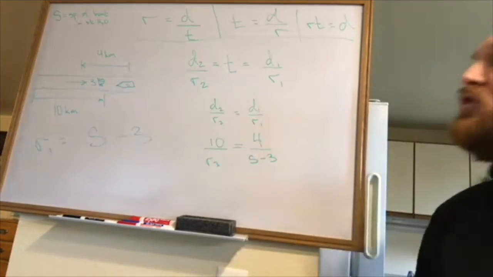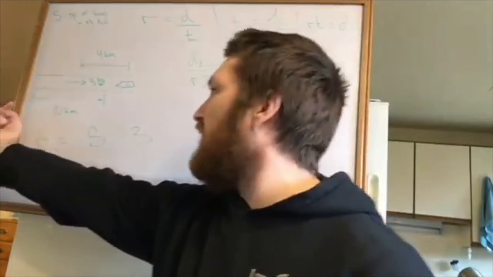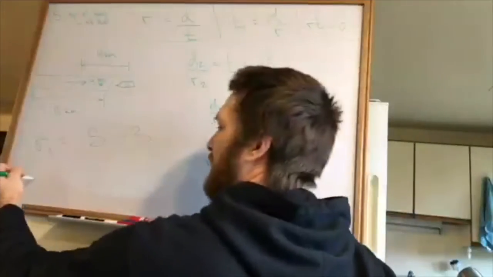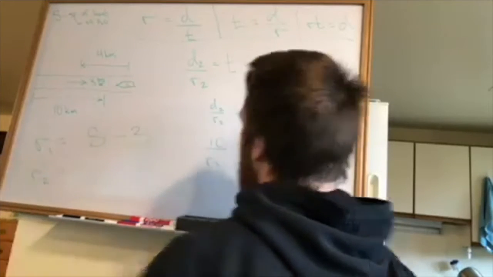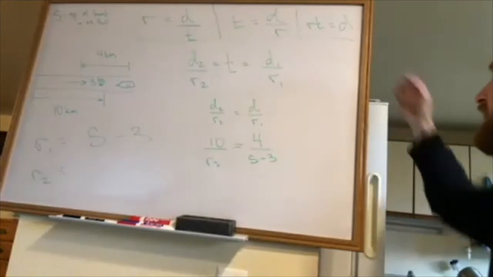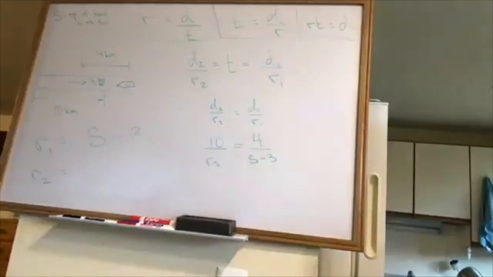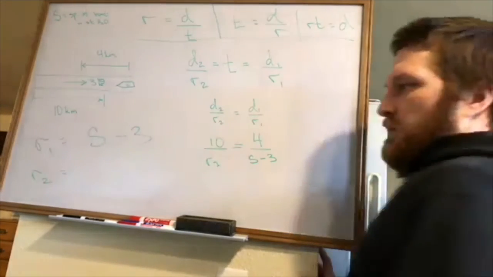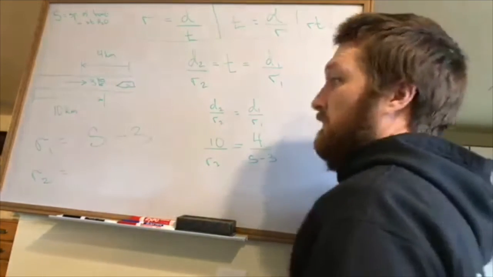So then what about rate 2? When we're going in the direction of the current, what would that be? We want S to be in there, but then what's going to happen to it? It would be S plus 3.